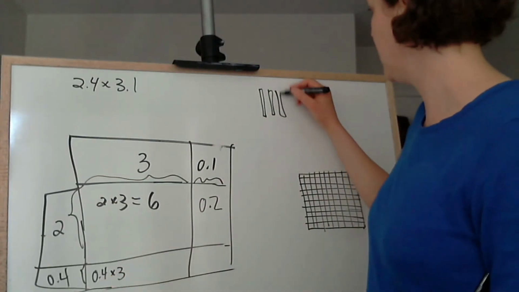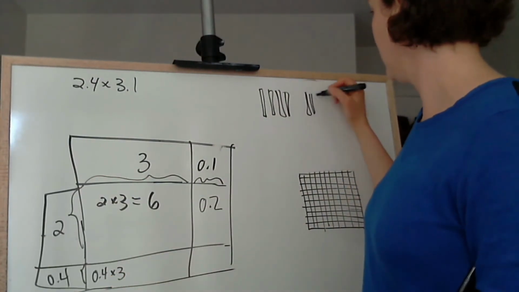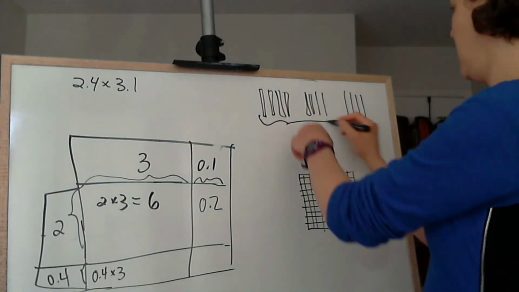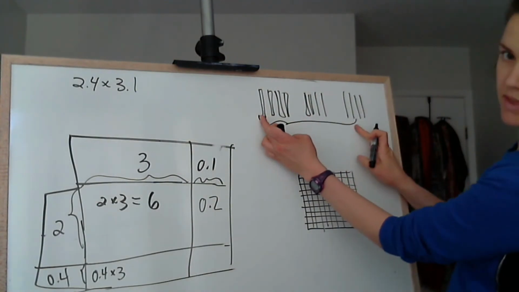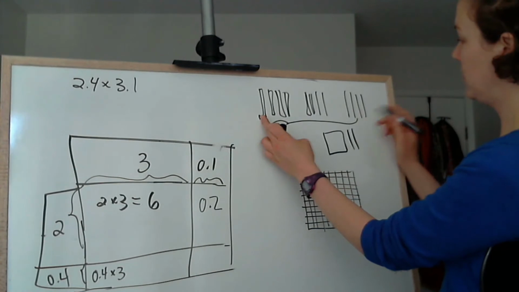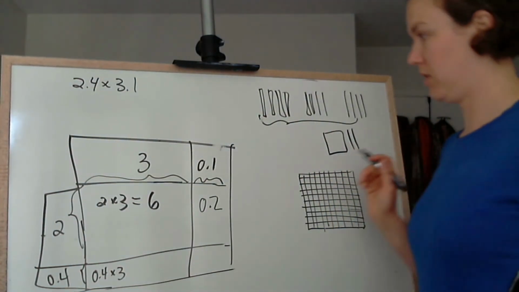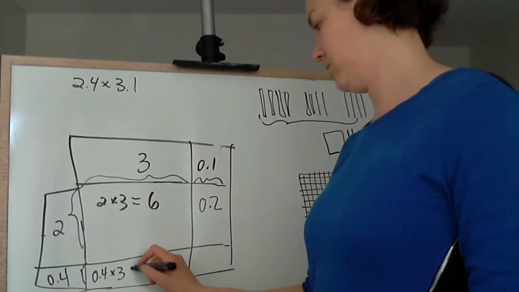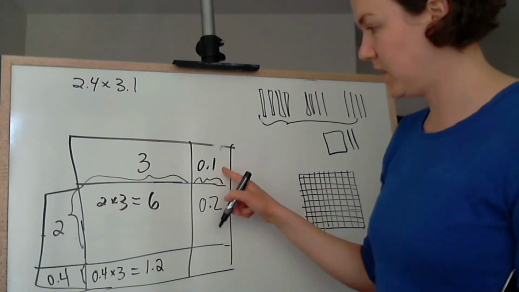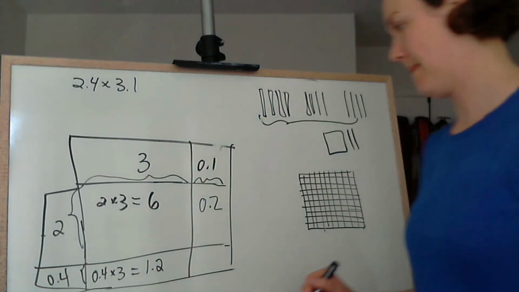So if I've got 4/10, 3 groups of them, 10, I've got 10/10 to make a whole, and then 2/10 left over, so it's 1 and 2/10. And then 1/10 of 4/10.